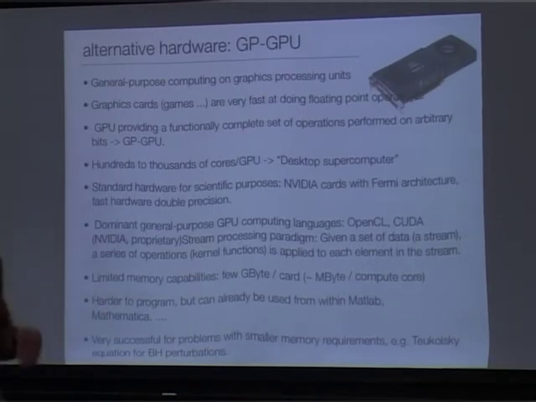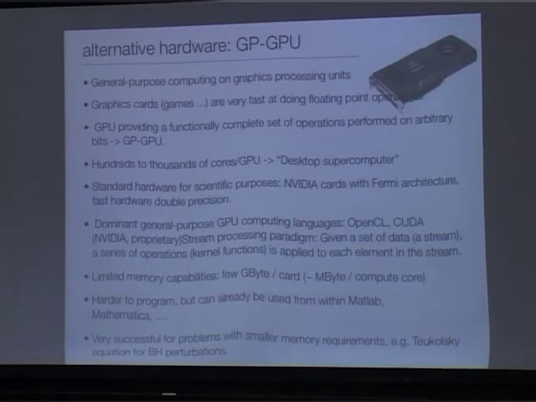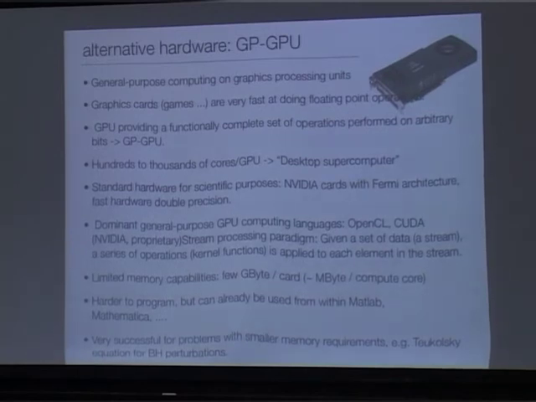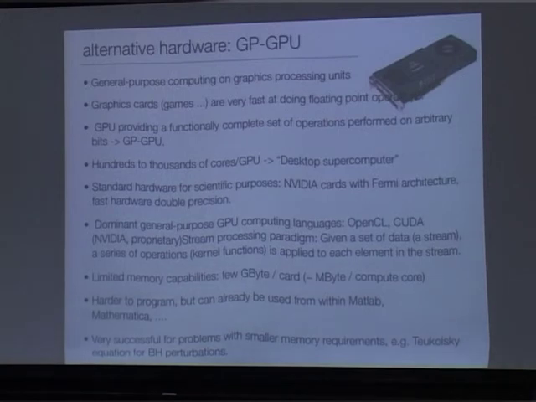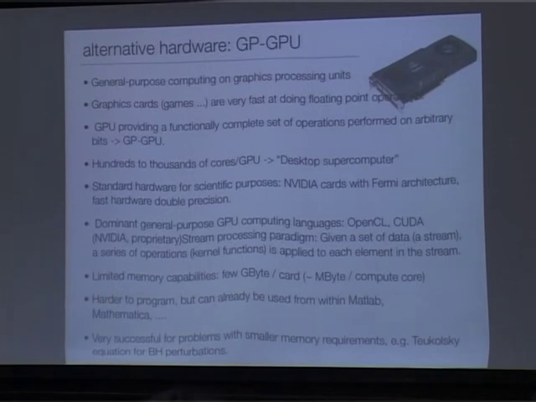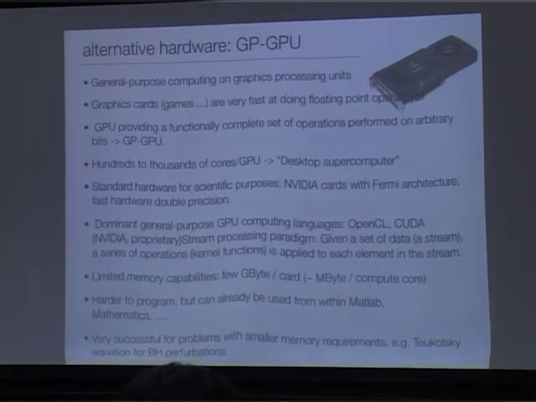Modern computers have a central processing unit, a CPU. They also have a graphics processor to quickly render three-dimensional and two-dimensional graphics. These are optimized to do numerical calculations on graphics objects very, very fast, in particular for games.